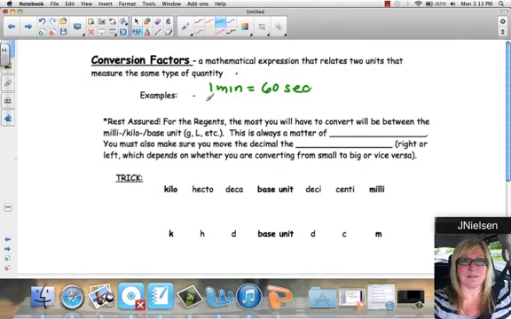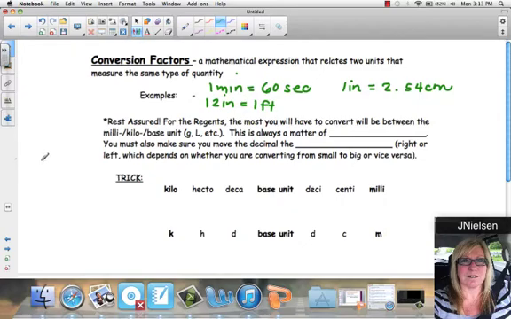You also know that there are 12 inches in 1 foot, or you should. And you might even know that 1 inch is equal to 2.54 centimeters. I'm hoping that one of your other teachers may have brought that up before.